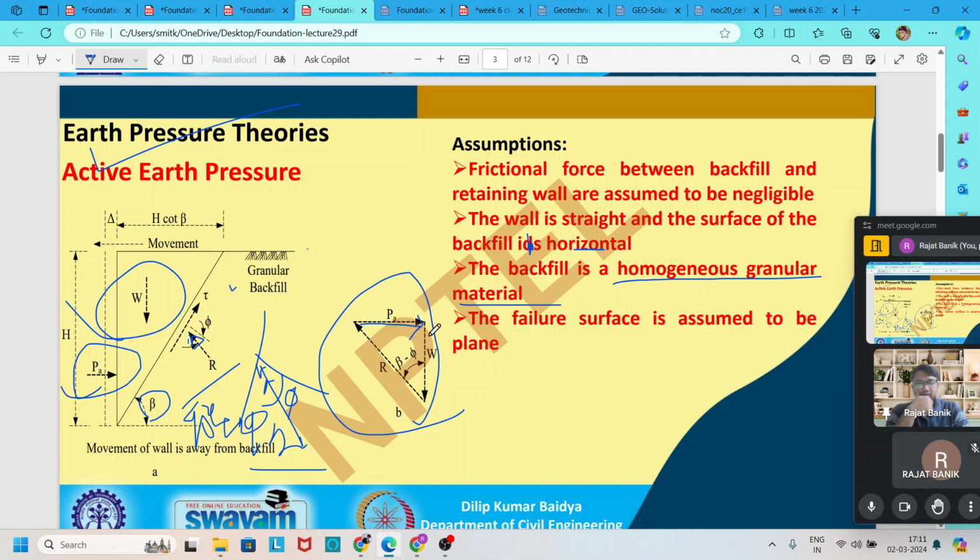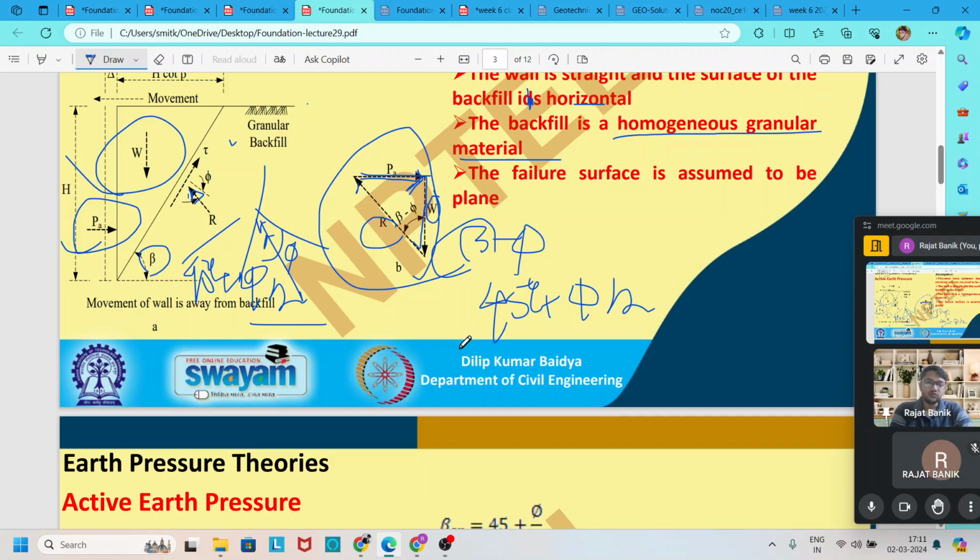We add all the forces and find the resultant, and this resultant makes an angle of beta minus phi with the self weight W, the self weight of the backfill material in the failure zone, where beta is nothing but 45 degrees plus phi by 2 for the active case.